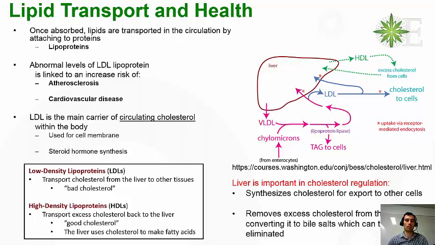So we see there are a lot of different roles for our cholesterol, but we're relying on these lipoproteins to carry them around the body because cholesterol itself is insoluble. And if we have too much of the circulating cholesterol, which is our LDL, then we open ourselves up to these cardiovascular diseases.